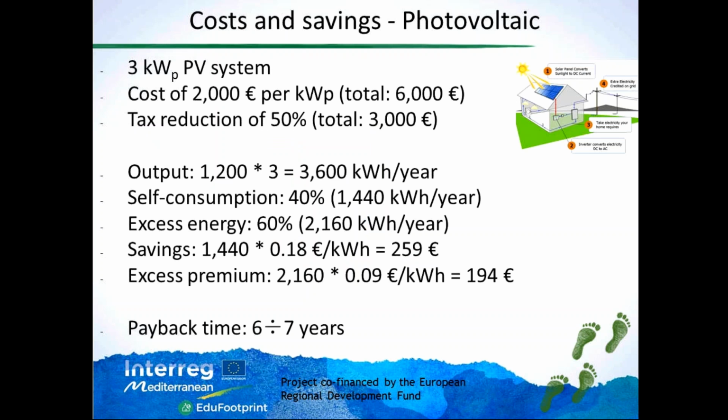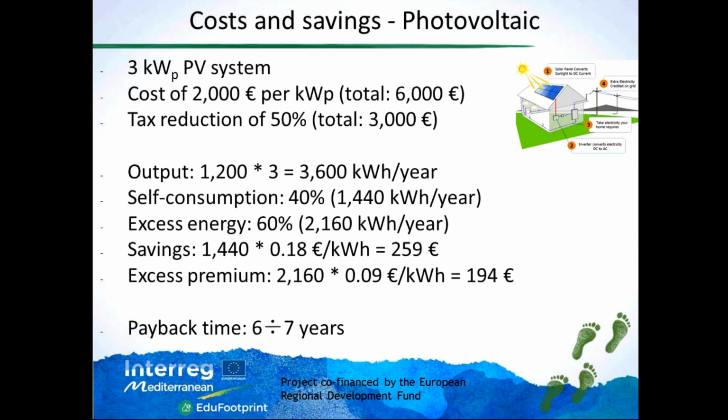So, trying to summarize all these figures, talking about costs and savings that can be given by the photovoltaic. Of course, these figures are very country-specific, but I will give you an example for Italy, and then I will give you some tips on how to estimate for your country.